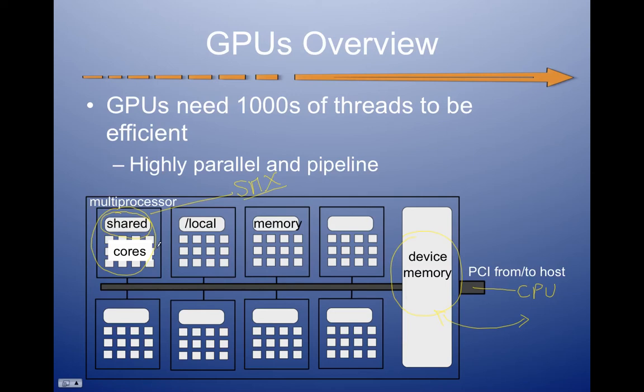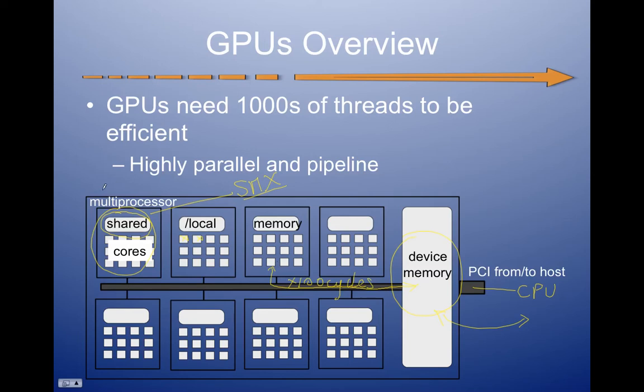So to keep such an architecture busy, you need a lot of threads because you need at least one thread per core, and because the device memory is very far from the cores, it is highly pipelined, and so this is hundreds of cycles to access memory.